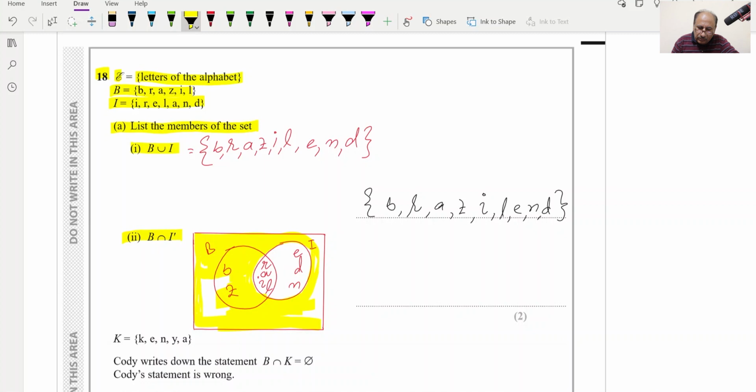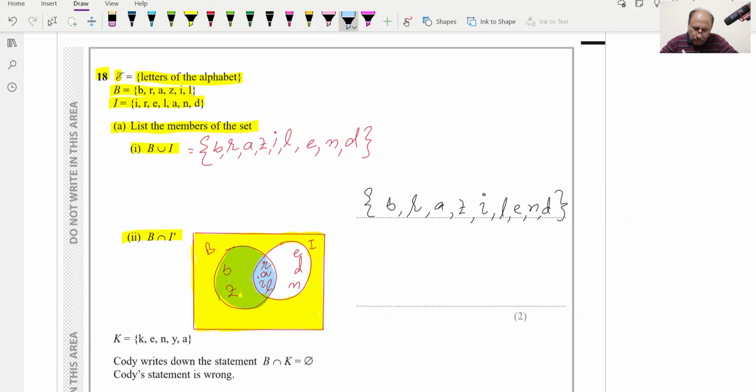Now we can shade this, which is basically not in I, which is I complement. We are shading I complement. Now this section is I complement, which is shaded, but they require the intersection of B with I complement, and if we shade B again, B will be this one.